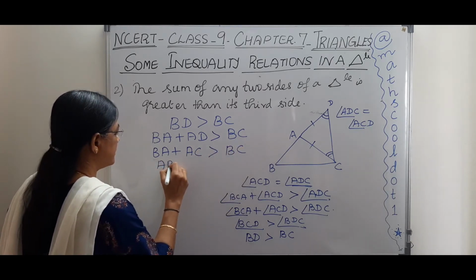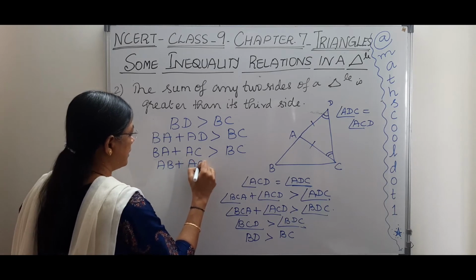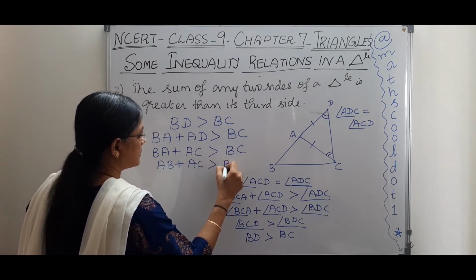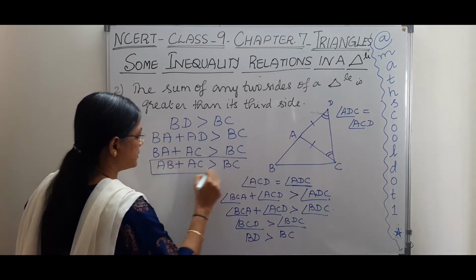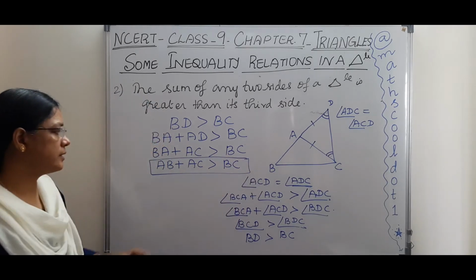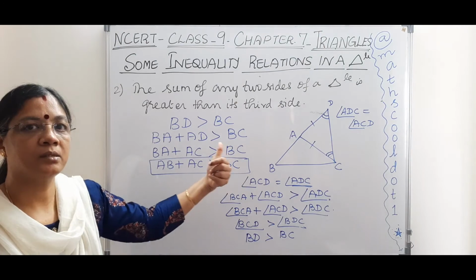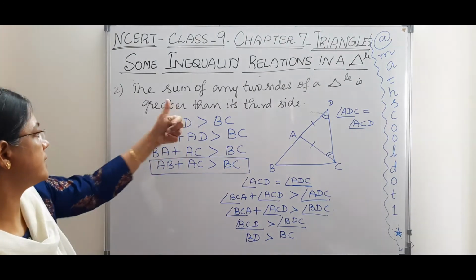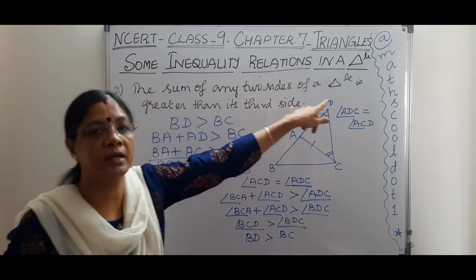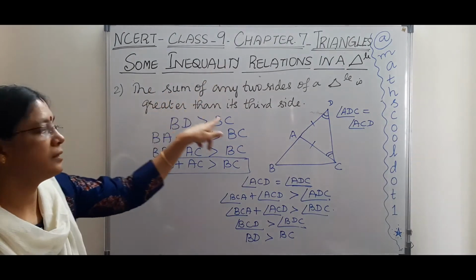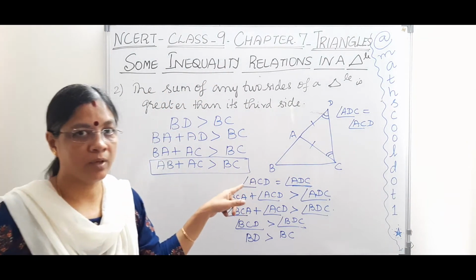I rewrite this BA as AB. AB plus AC is greater than BC. So I have got the inequality relation. Now this proves the statement: the sum of any two sides of a triangle is greater than its third side. Hence we have proved this.